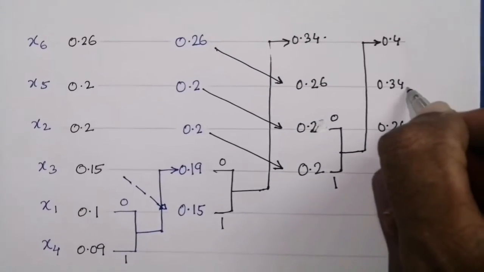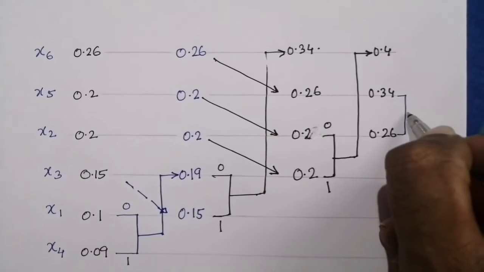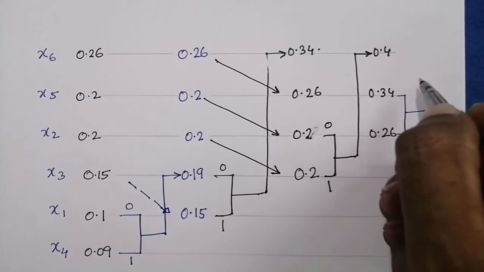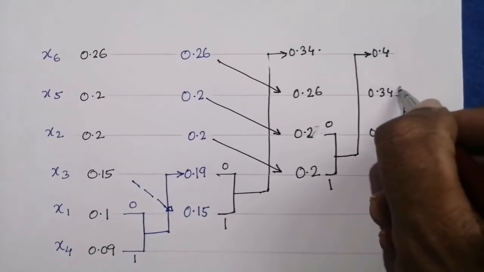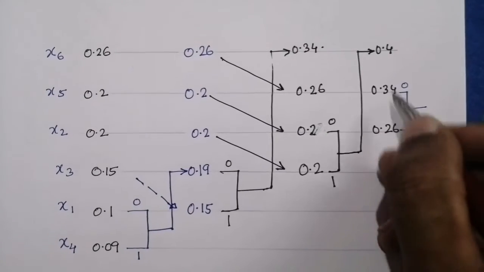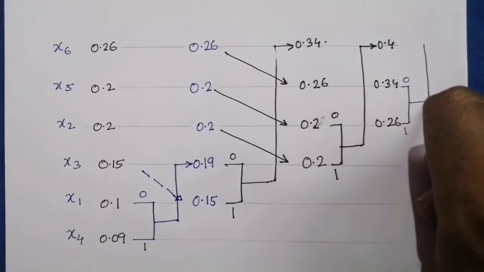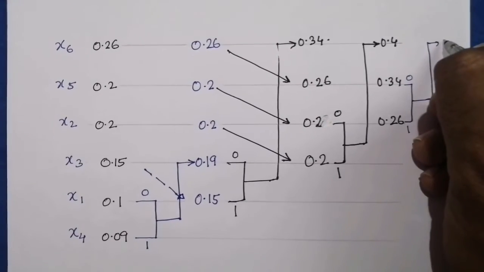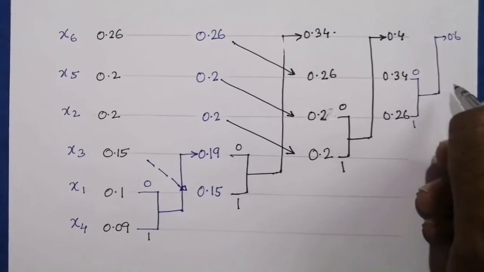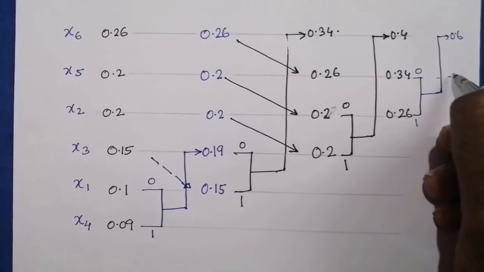Again we will repeat step number 3. So by combining the last two symbols and assigning the code symbol 0 and 1 here, the probability of the new symbol will be 0.6 and it will be just above 0.4. So this will be 0.6 and this will be 0.4.